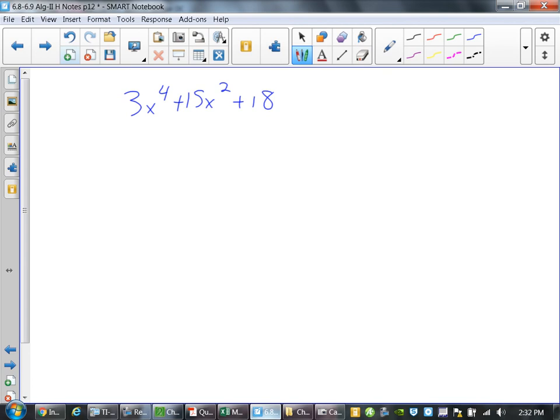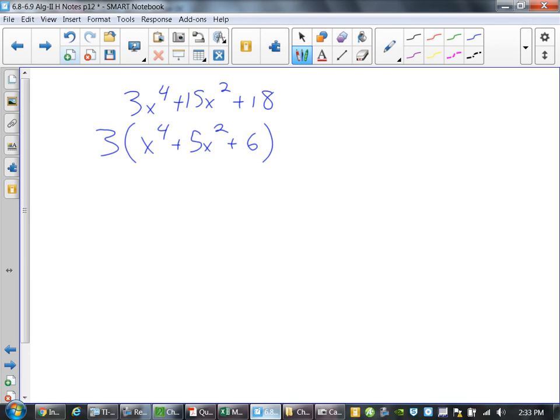So if I want to factor this completely, what's the first rule of factoring? Number 14. What's my GCF? 3. So if I'm factoring this, I'm just going to leave the 3 here. I'm not solving for zeros. So the 3's got to go along for the ride. Now there's 3 terms, and your degrees are going down by, it goes 4, 2, then nothing.